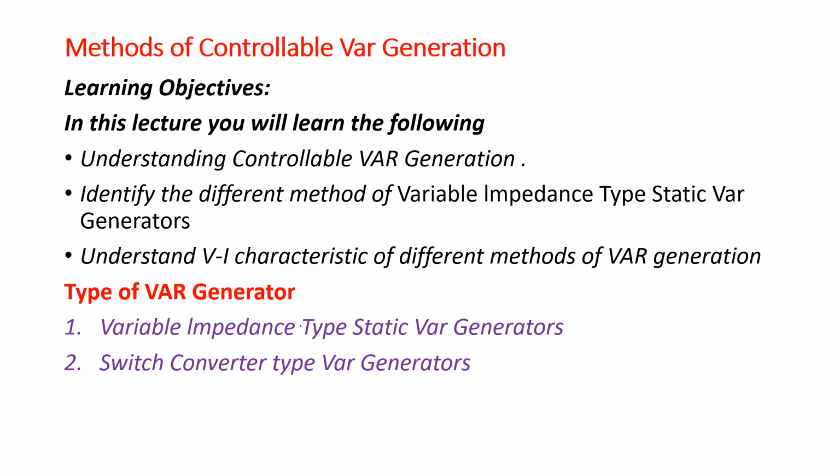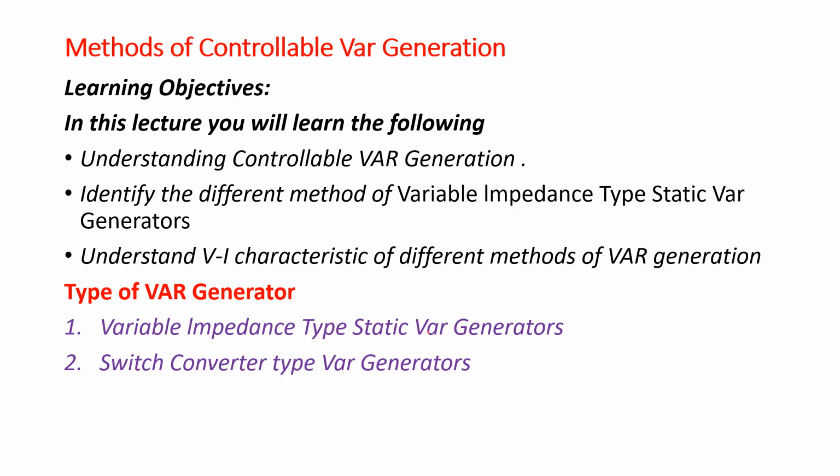The impedance may be an inductive impedance or a capacitive impedance. Definitely it is a static one; the system should be static. Second is the switching converter type VAR generator. Now, there are two methods. First, we will discuss the variable impedance type static VAR generators.